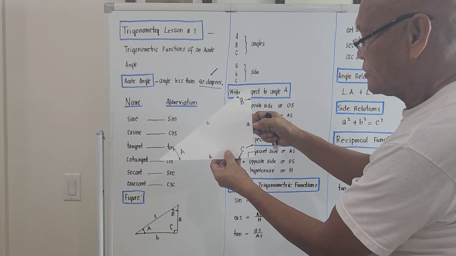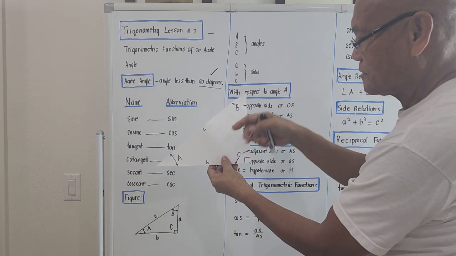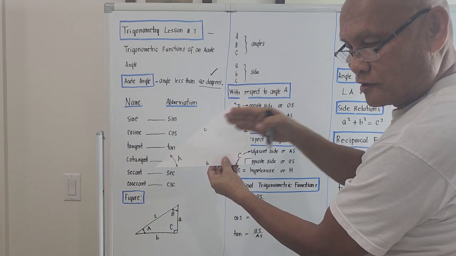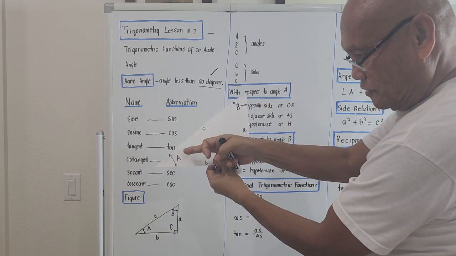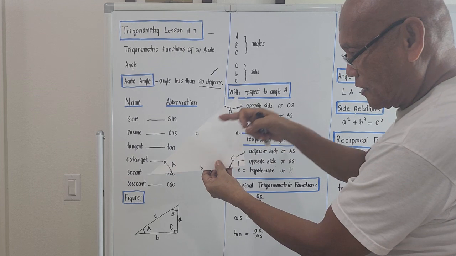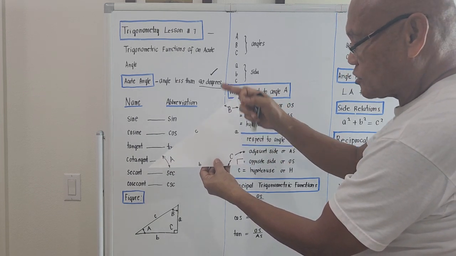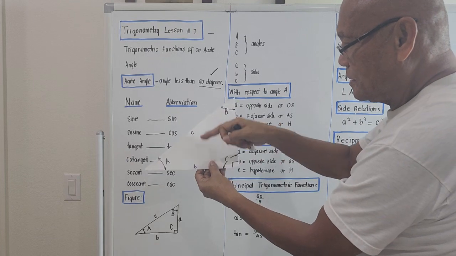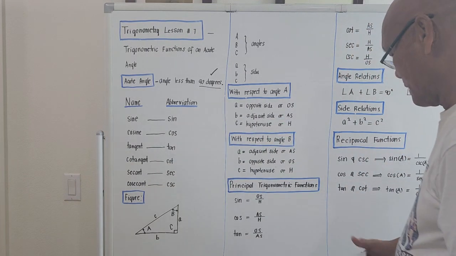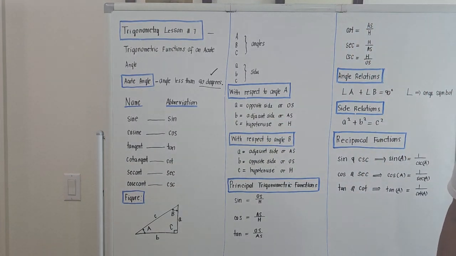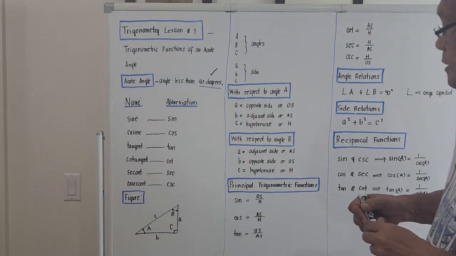The designation is small letters for the sides, and for the inside angles, capital letter A, capital letter B, and capital letter C are the angles. Small letters a, b, and c are the sides.